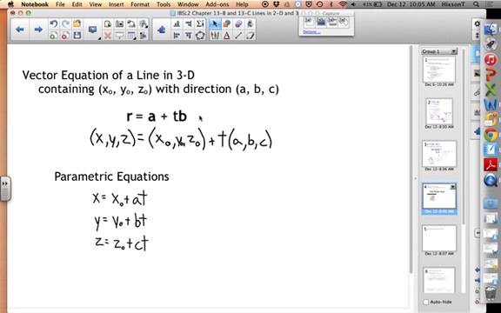But when we see it written out in its component form, you see the z component. x, y, z equals x sub naught, y sub naught, z sub naught, plus t times a, b, c. And you see your parametric equations as well. We construct them the same way, we just have that third one that we have to deal with now too.